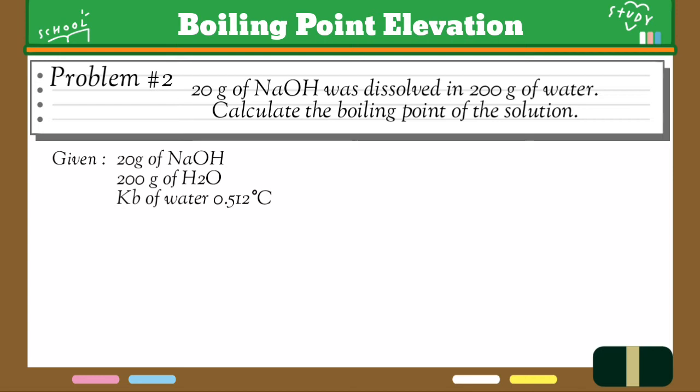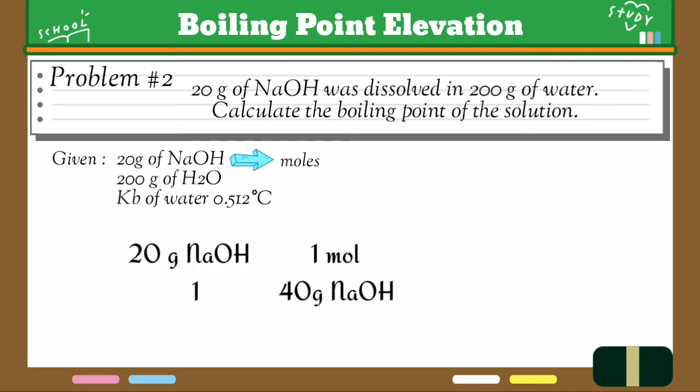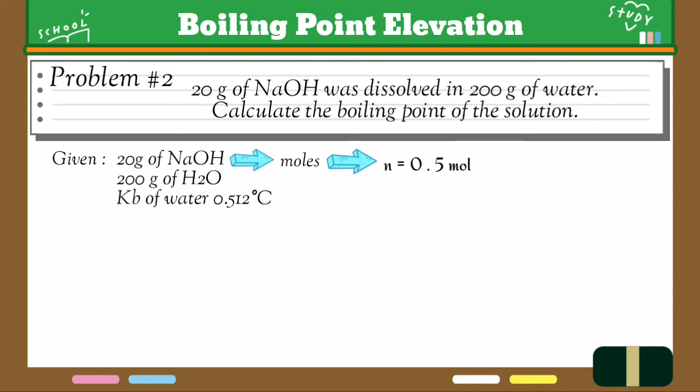For molality, we need to convert the grams into moles, and we already did that in problem number 1. But we just have different grams. 20 grams of sodium hydroxide divided by 40 grams per mole is 0.5 moles. Next, for molality, we need to convert to kilograms.